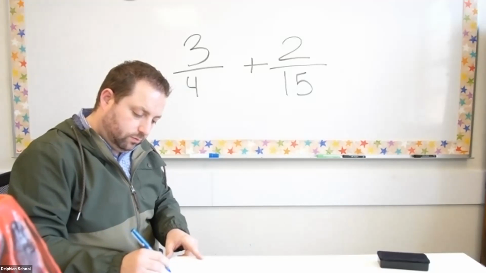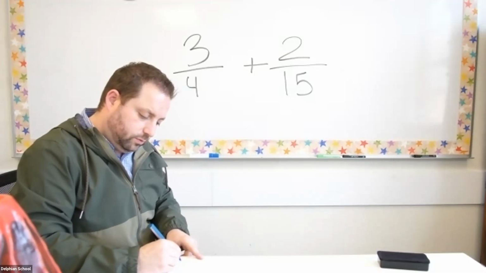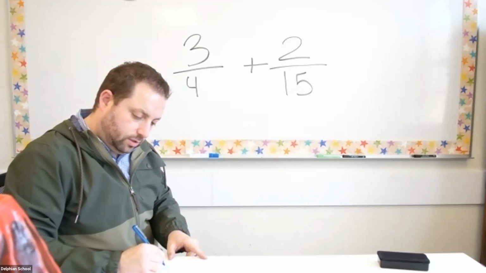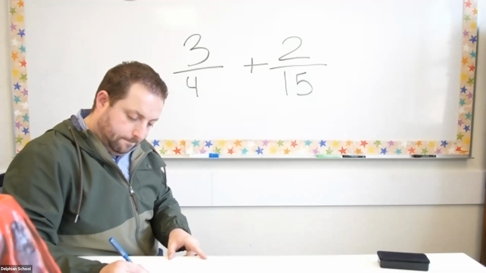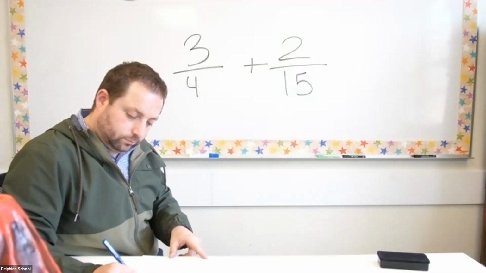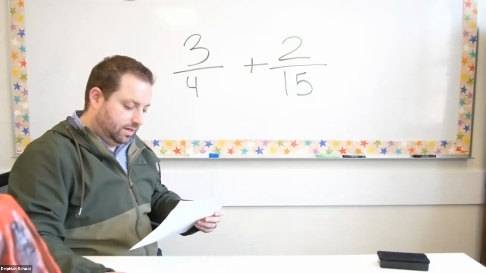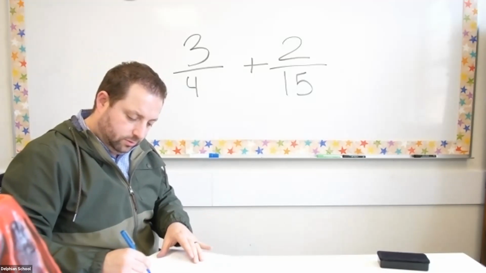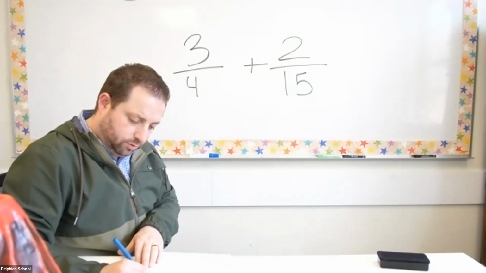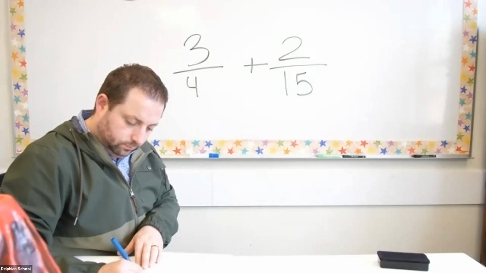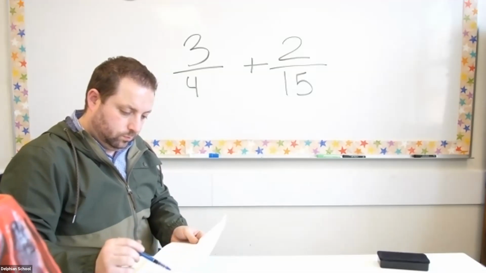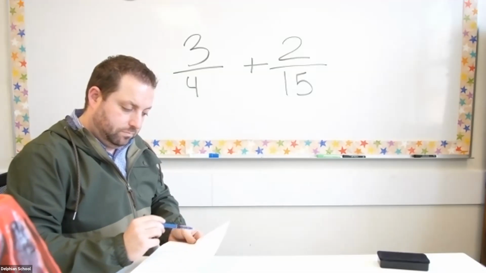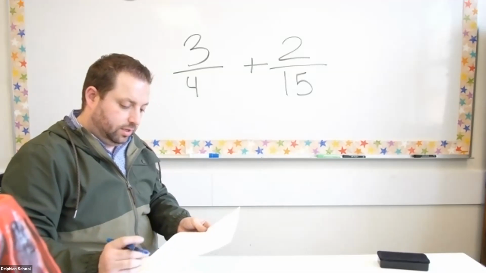Good, 15 times 3 is 45. 15 times 4 is 60. That's what I get. Okay, I got my answer. I'm going to double check my work. Good, I think my answer is good.